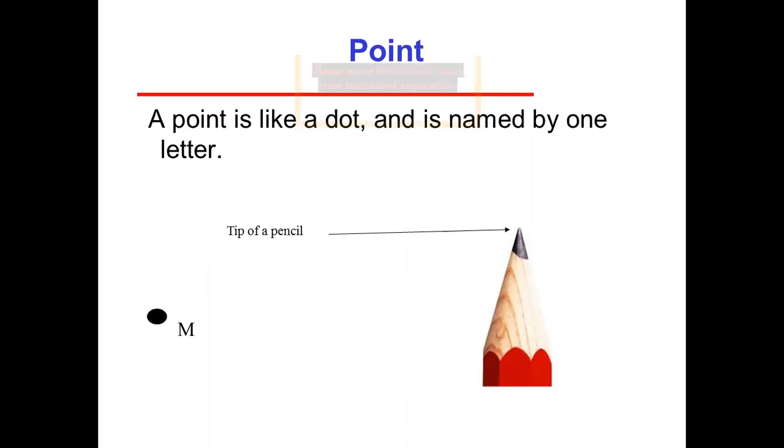Suppose we want to find any address and we are aware of the house number only, and we are going to search a particular house number or home number, then how will we proceed?